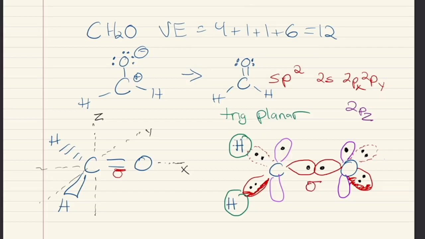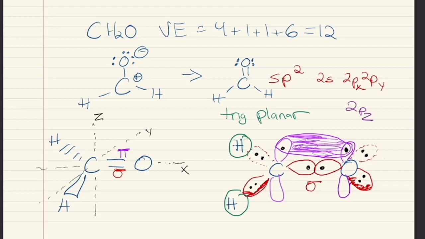We then will have a pi bond that exists and takes care of these. And now this pi bond can be above or below, right? It just can't necessarily be represented in both places, but it does exist in both places. So we have electron density here, which is our pi bond in our two-dimensional drawing.